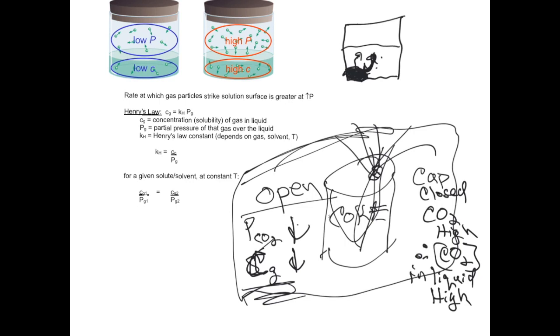It also is connected to the bends, which is something that can happen with scuba diving. At high pressures, as they dive deeper, the concentration of the gas that's dissolved in the blood increases. And so if you were to suddenly come up from that depth, you would get a similar situation that you see with this Coke.